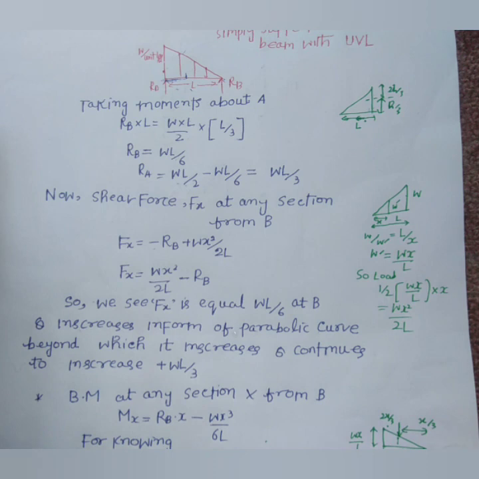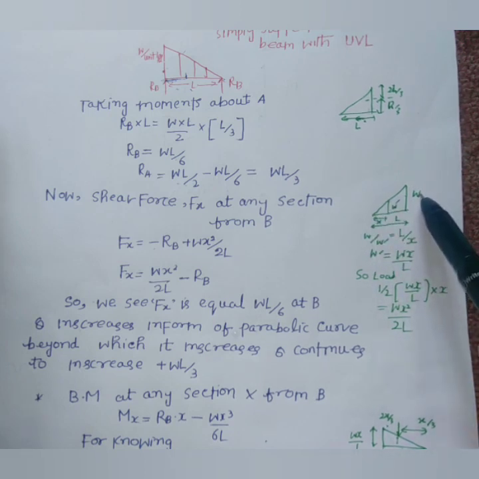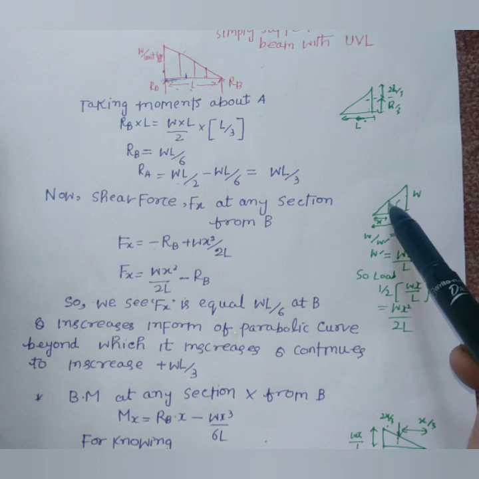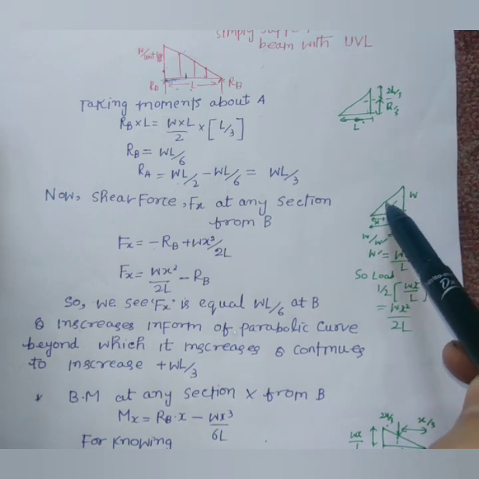Now how does this Wx square divided by 2L come up? Now see the green pen. This is the load. If this is a triangle, this is W, and I am taking here a little triangle at a section X, at a distance of X from this side. Suppose this will be W dash.